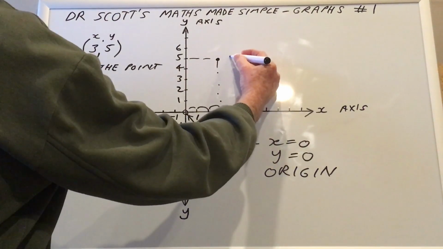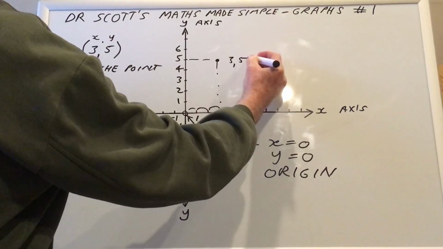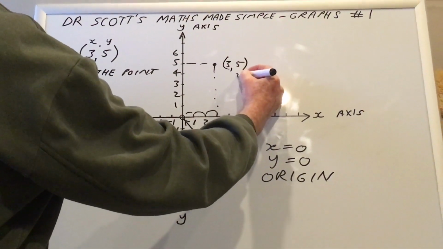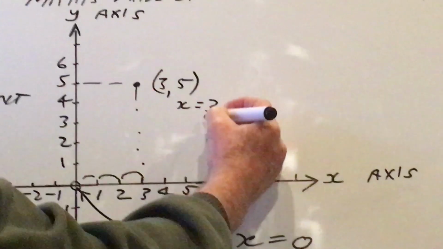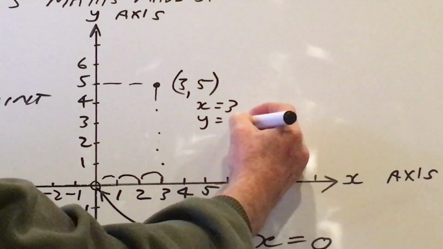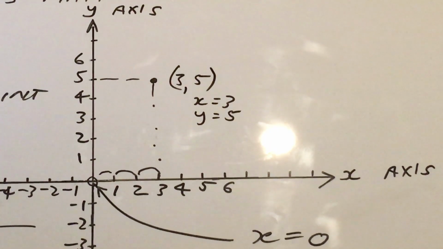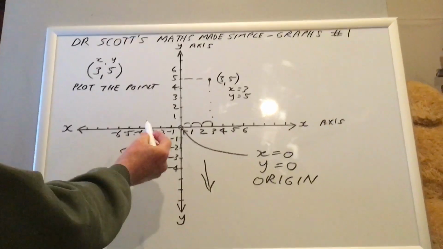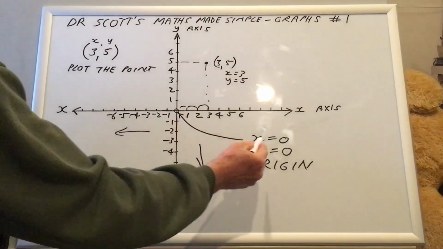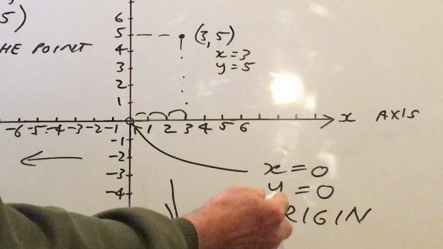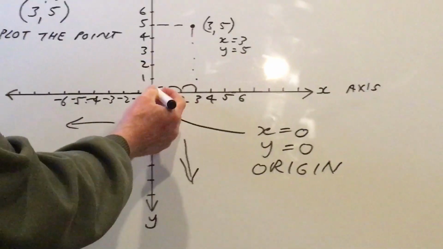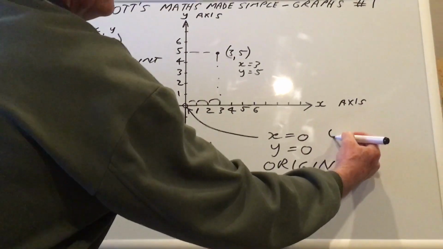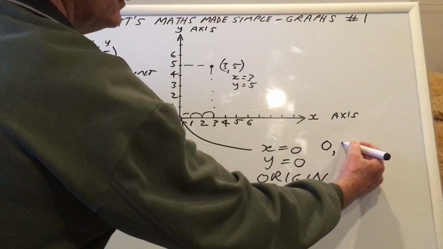This is the point (3, 5), because X equals 3 and Y equals 5. You'll notice that the origin, as we said, X equals 0, Y equals 0, so the origin is actually the point (0, 0).